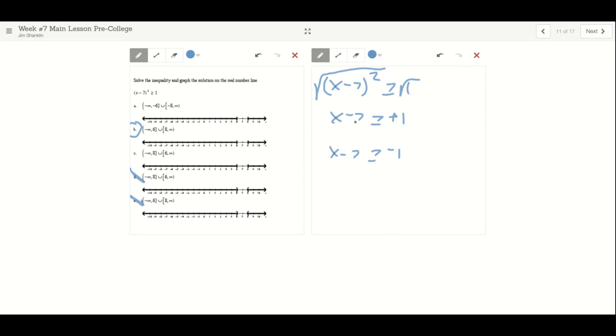Because you end up with plus or minus. So if I add 7 here, I get x is greater than or equal to 8. And if I add 7 here, I get, well, I shouldn't have used the inequality symbol. I'm just looking for my values is all I'm doing, and that would give me 6. You can't keep the inequality symbol in there.